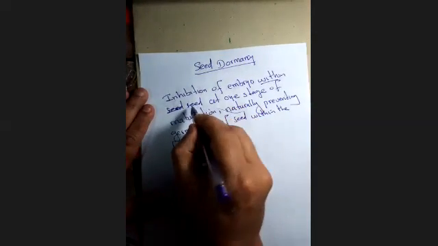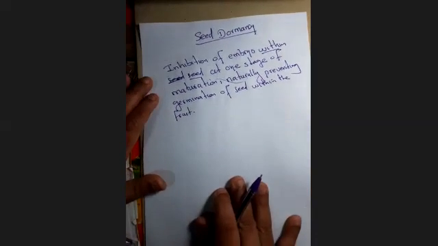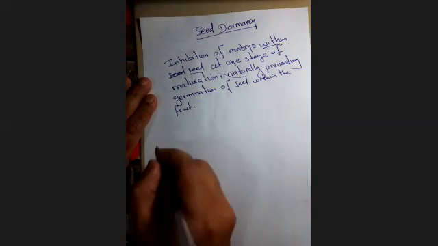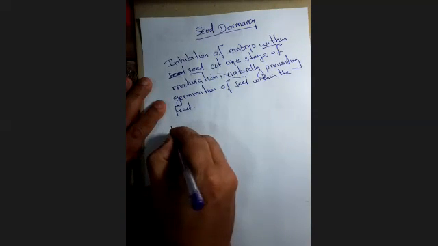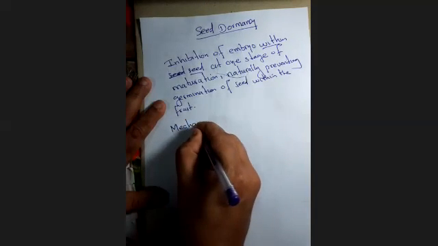When this embryo is inside the seed, it is inhibited. Don't germinate now. Okay, stay till the right time comes. That kind of inhibition is called dormancy. Okay, so the mechanisms, how do they do it?